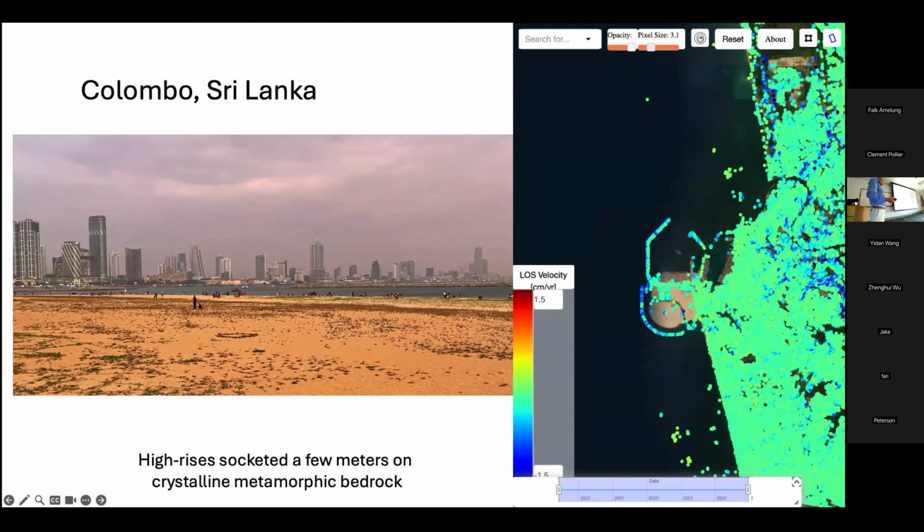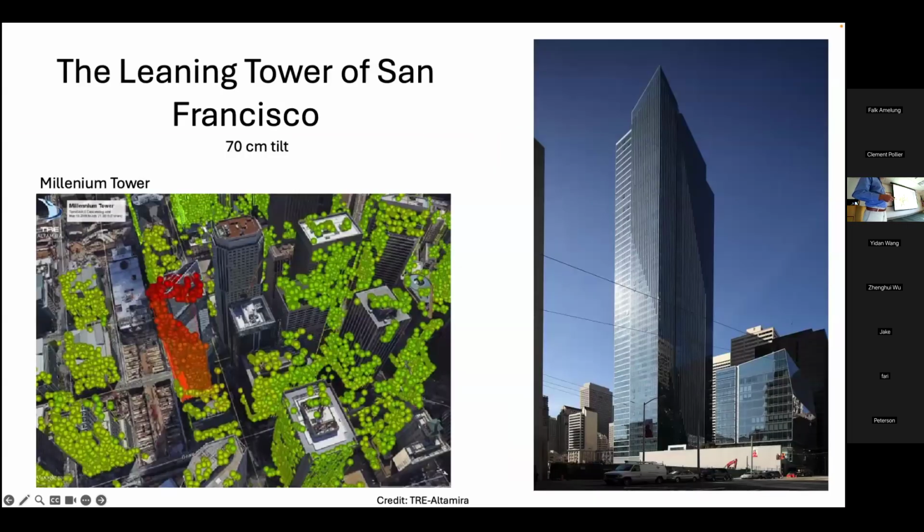The explanation for that is that in Sri Lanka, the high rises are socketed a couple of meters in crystalline metamorphic bedrock. So it's a different bedrock. It's not limestone like we have in Miami.